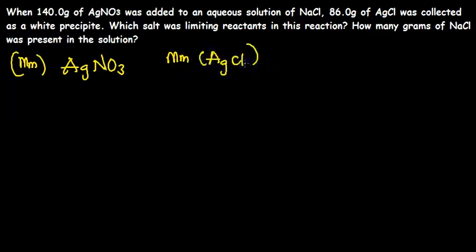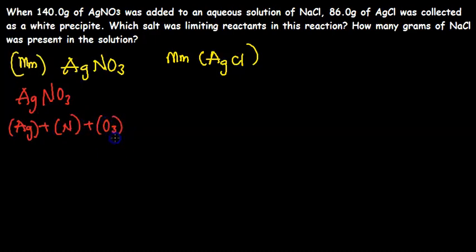In this case, let's start with the first one. Here we have Ag, which is silver, and NO3, which is nitrate. This is simply going to be Ag, plus nitrogen on its own, and here we have 3 oxygen.